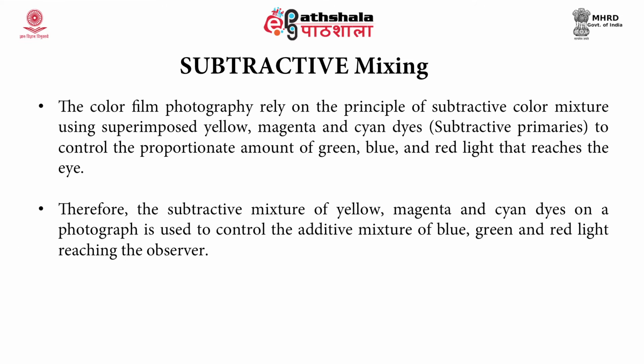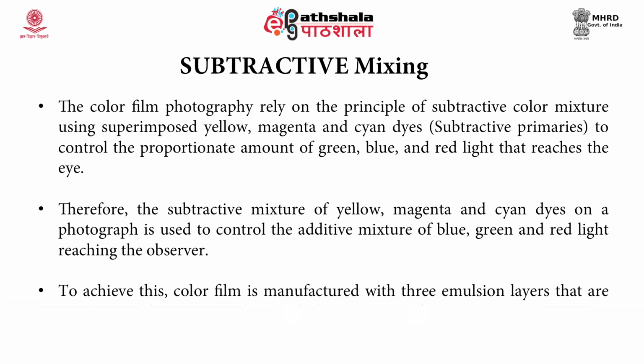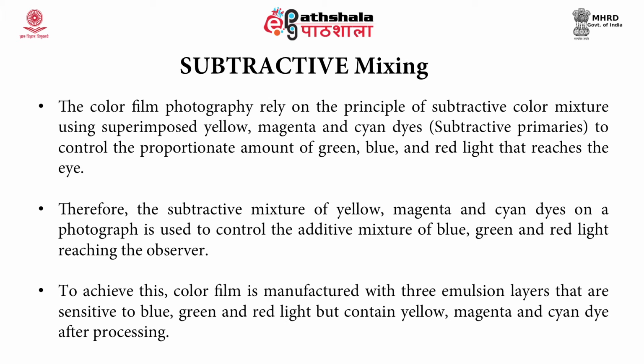Therefore, the subtractive mixing of yellow, magenta and cyan dyes on a photograph is used to control the additive mixture of blue, green and red light reaching the observer. To achieve this, color film is manufactured with three emulsion layers that are sensitive to blue, green and red light but contain yellow, magenta and cyan dye after processing.